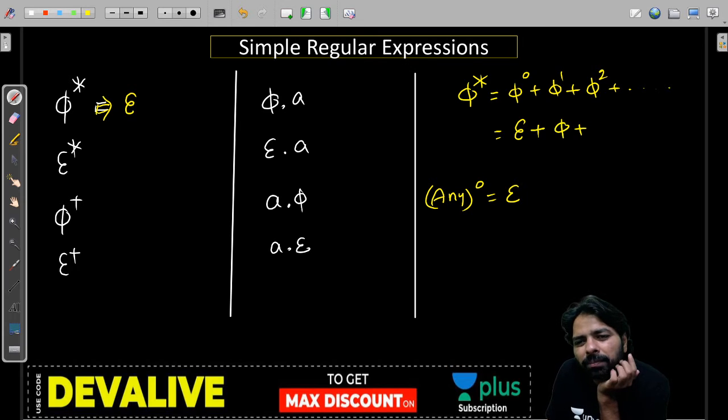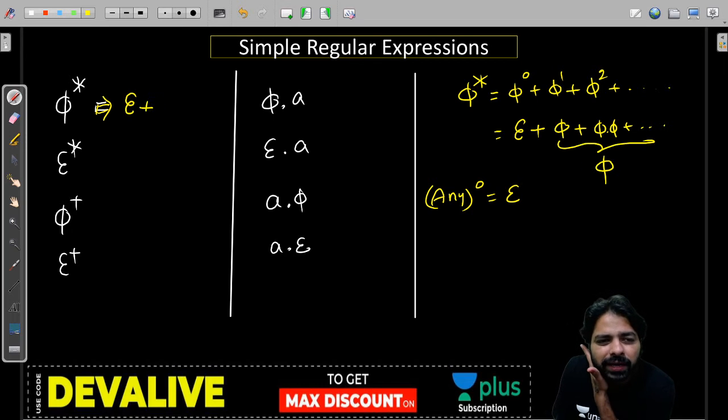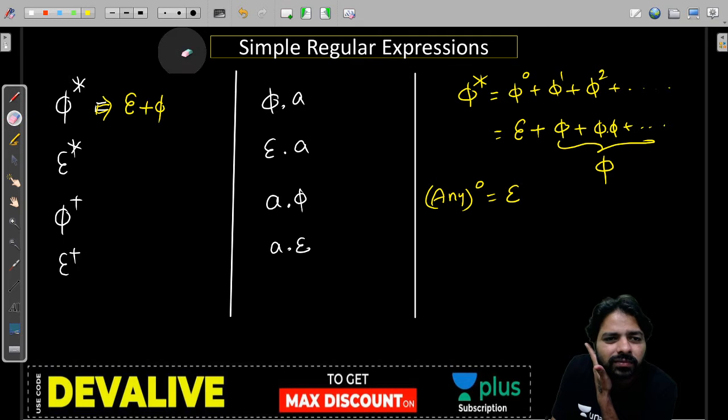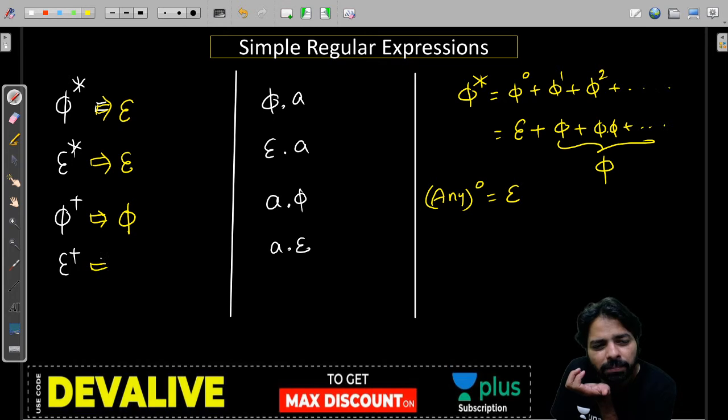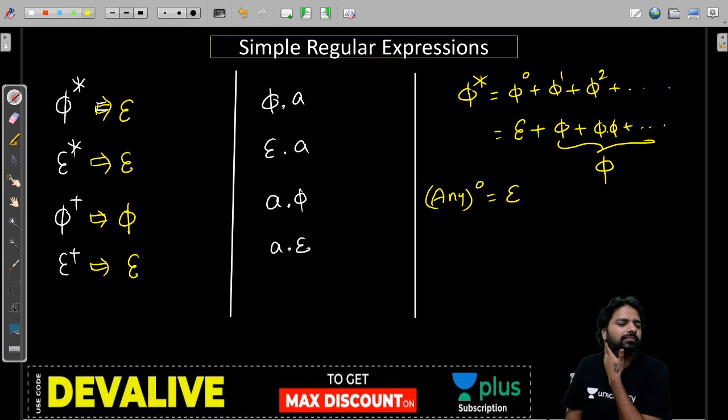Remaining pi power 1, pi power 2 means pi dot pi. These are all pi, but epsilon plus pi, that is the meaning. So it is epsilon. And epsilon star, epsilon. Pi plus pi. Epsilon plus epsilon. Everyone? So that first one you may make the mistake, but remaining you will understand.